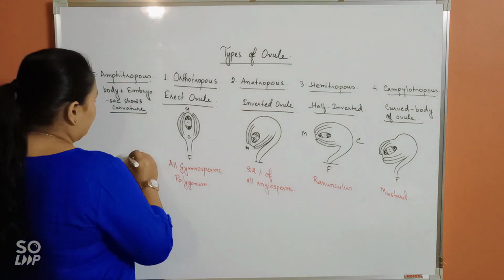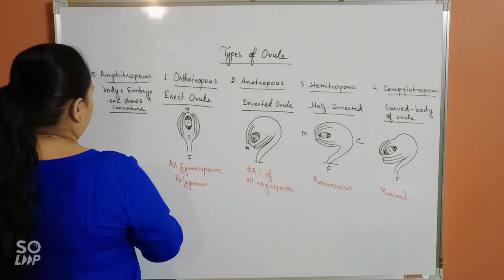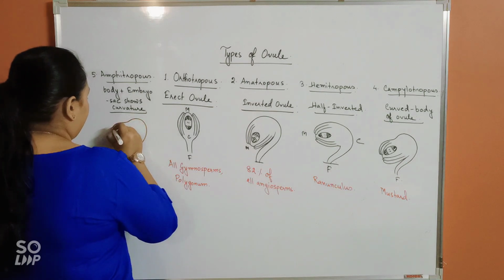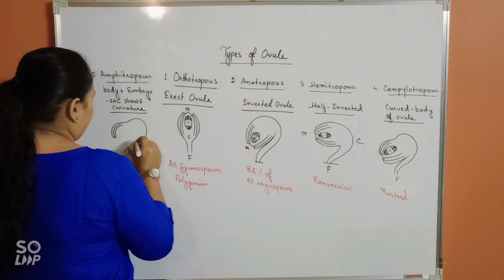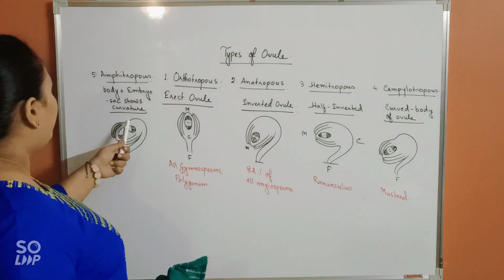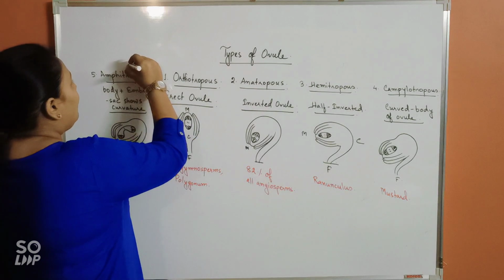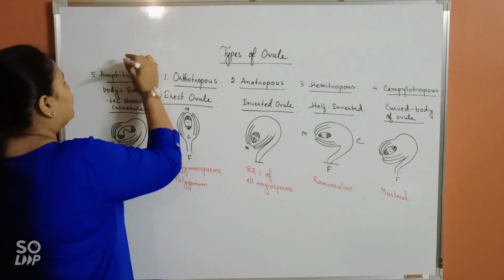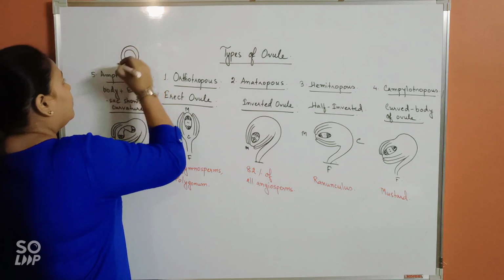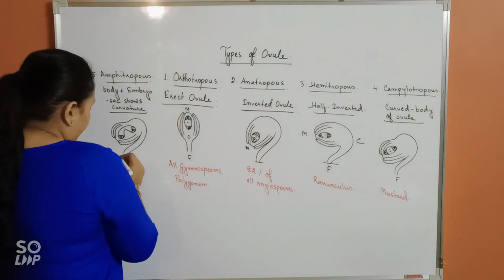Alright, so it would look like this. So the body is also curved and even the embryo sac is becoming curved and it is taking up a horseshoe shape. Alright. Example would be poppy.